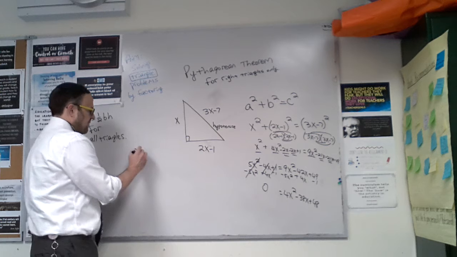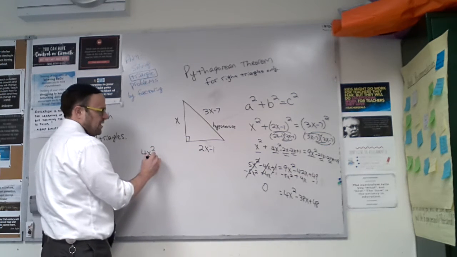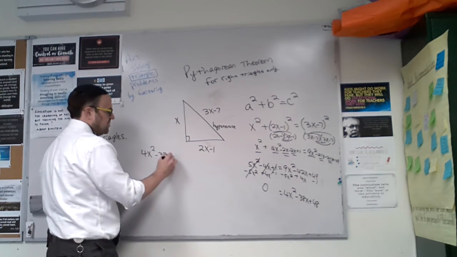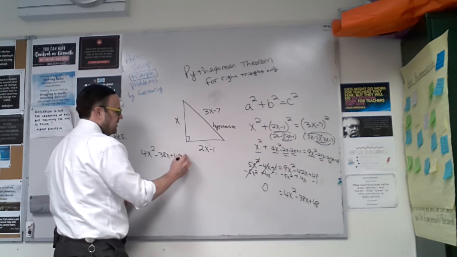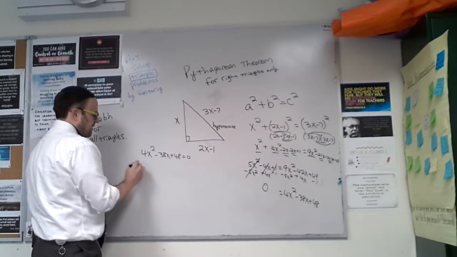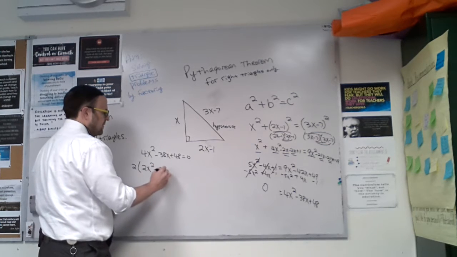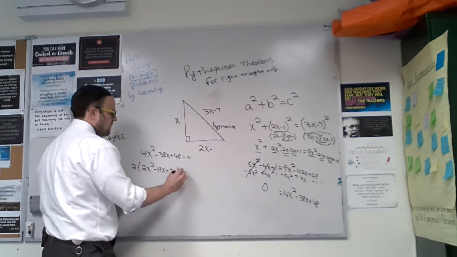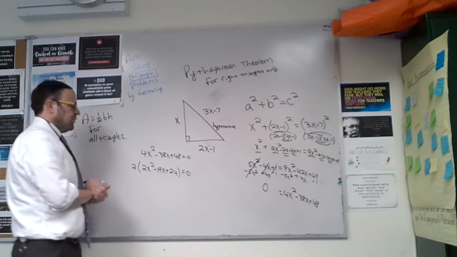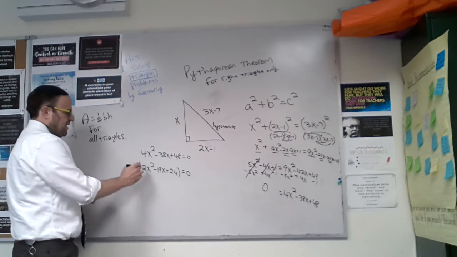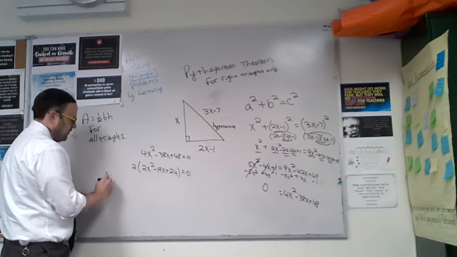Okay? Now I'm going to bring it over here. 4x squared minus 38x plus 48 equals 0. Again, you got to be looking to pull something out. In this case, a 2. So now, what are we looking for?